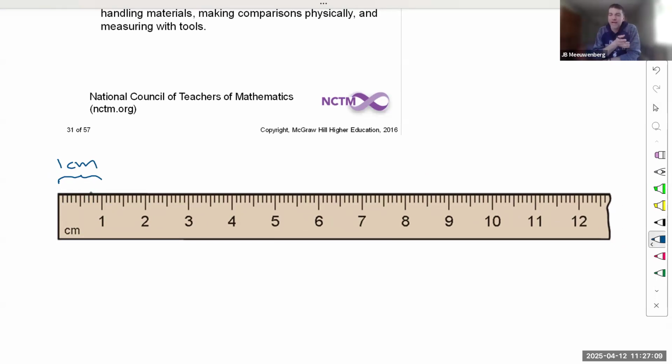Remember when we were using our ruler that we use in the English system? Everything was half and fourth and eighth and 16th, not normal numbers that we use in our base 10 system. This is using base 10. And so each one of these is 1 millimeter. Okay.